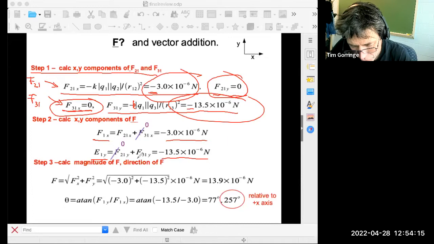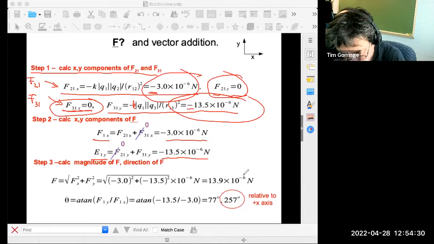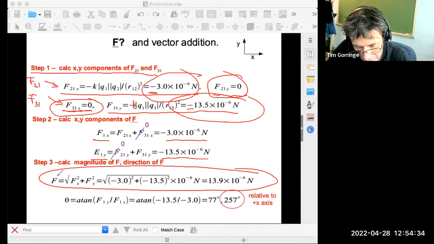These are the x and y components of the resulting force. Okay, now we're almost there. If we want the magnitude and direction of the force, we can use a little bit of Pythagoras' theorem and some trigonometry. For the magnitude of the resulting force, I'm using Pythagoras' theorem: the x and y components make up the adjacent and opposite sides of a right-angled triangle whose hypotenuse is the net force.